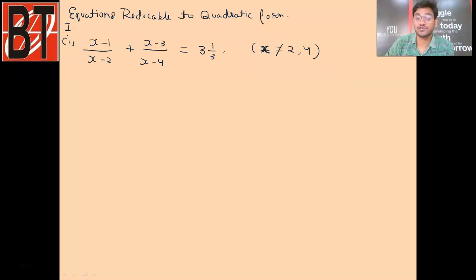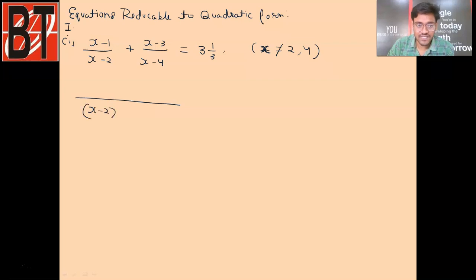Now students, we have to just simplify. Not a big deal. To simplify, let's take the LCM of the two fractions. We can take x minus 2 and x minus 4, and the product will be the LCM.